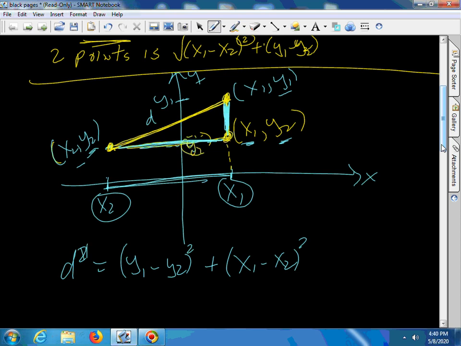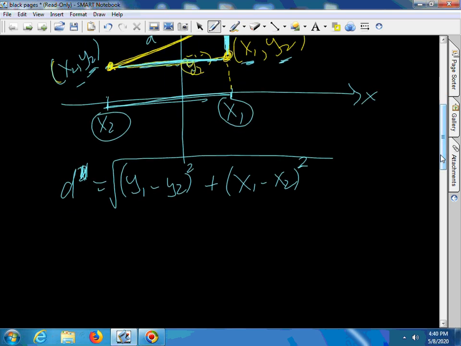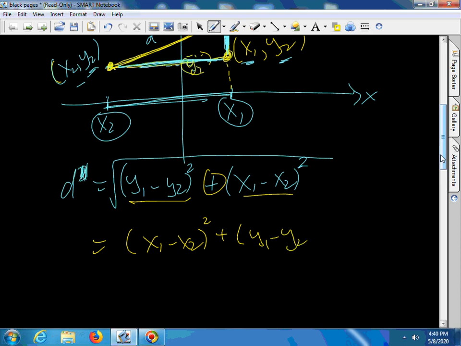So, d, without the square, will be the square root of this. And just so it looks like what I got, it's this plus that. Addition commutes. x1 minus x2 squared plus y1 minus y2 squared, square root. That is the distance formula.